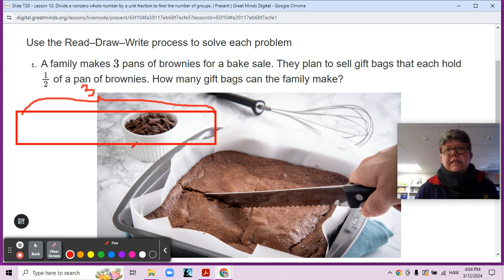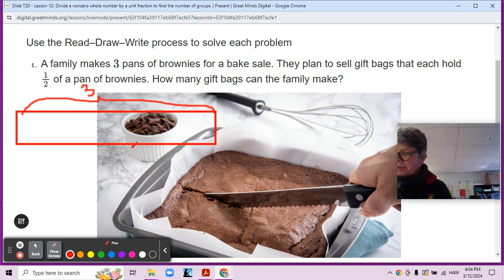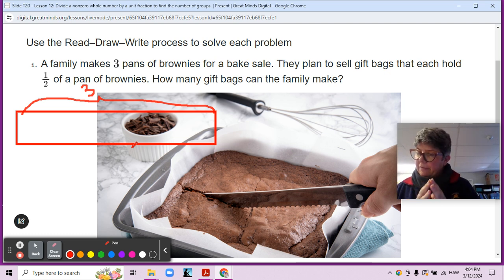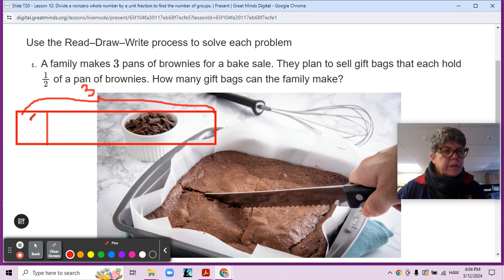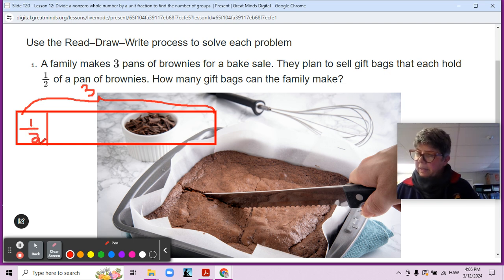Now our second sentence says they plan to sell gift bags that each hold 1/2 a pan of brownies. Take me to the bake sale, right? Okay, so how can I label 1/2 pan of brownies? So let's see. 1/2. All right. 1/2 pan of brownies.